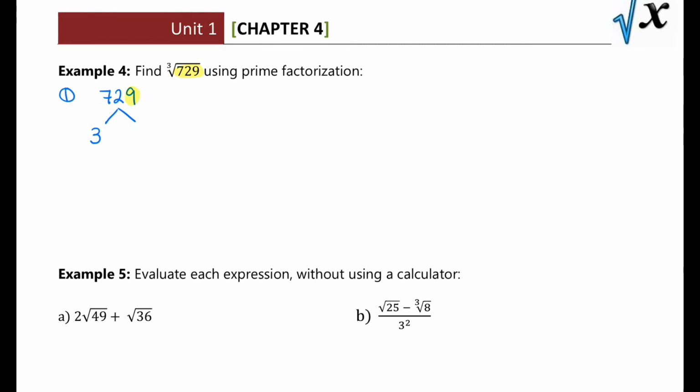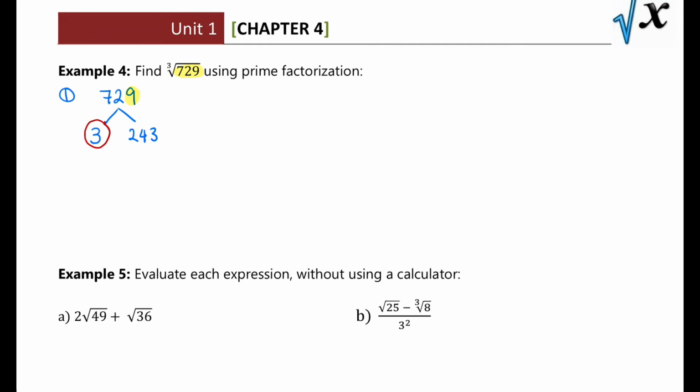And when you take 729 divided by 3, you get 243. Now, we're going to continue this, but our branch cannot go any further for this one because it's a prime number, therefore we cannot divide this any further. So we leave it there and just focus on the other branch.